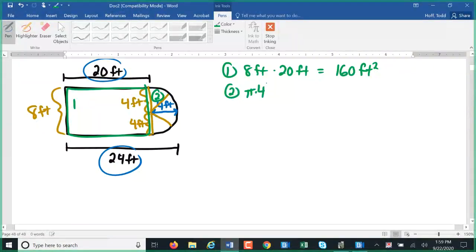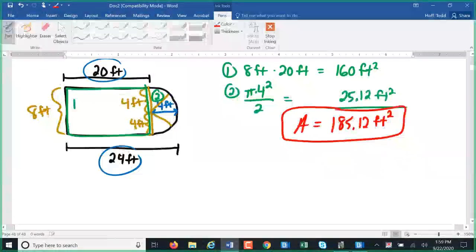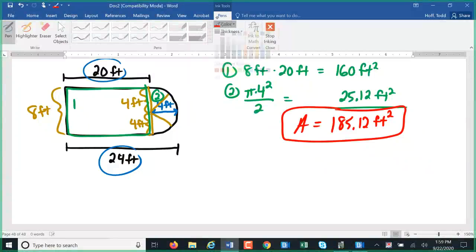That's pi times 4 squared divided by 2, otherwise known as 25.12 square feet. So we add those pieces, we get 185.12 square feet for the area of that figure. So there's a case where we had no choice. We had to cut it into smaller shapes and add it together because of the presence of the circle.